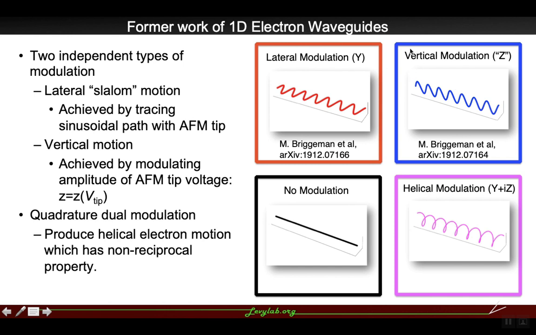And also, if we want to get a vertical modulation, we could just change the tip voltage to achieve that. And also, we could combine these two to get a helical modulation. And for this modulation, we can see it should have non-reciprocal properties.